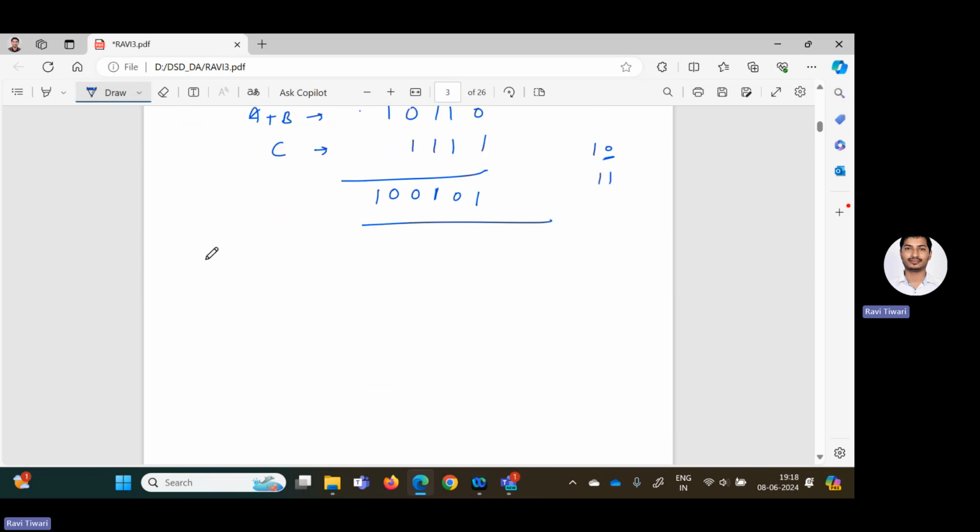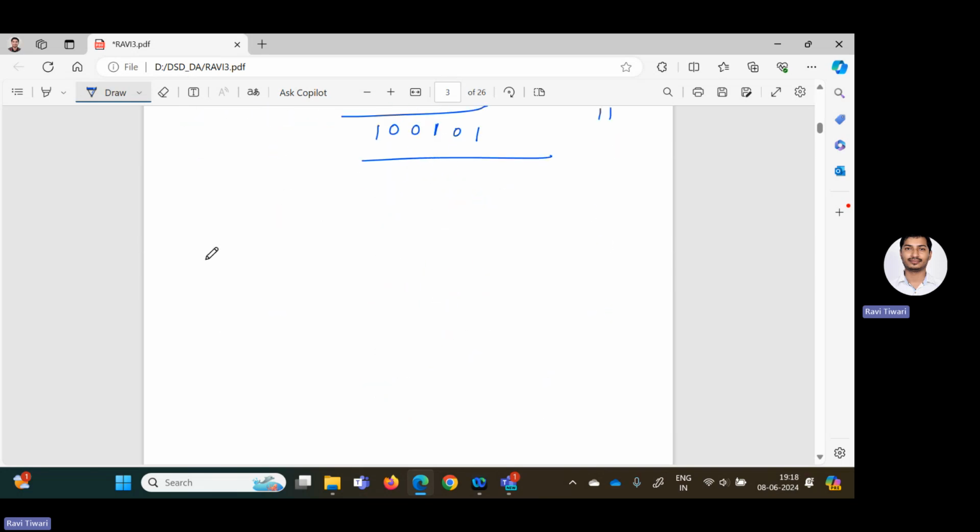Now we can see another example where you have to add these three numbers at a time. Then how can we do that? So for example, we are taking the same question and we will solve it in a different way. For example, you want to add 7 plus 15 plus 15, adding these three numbers at the same time.